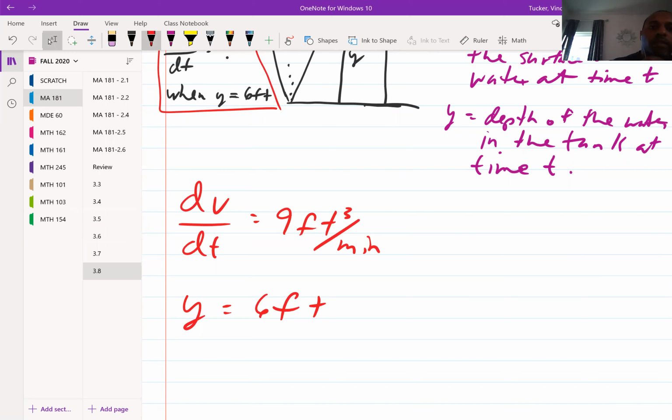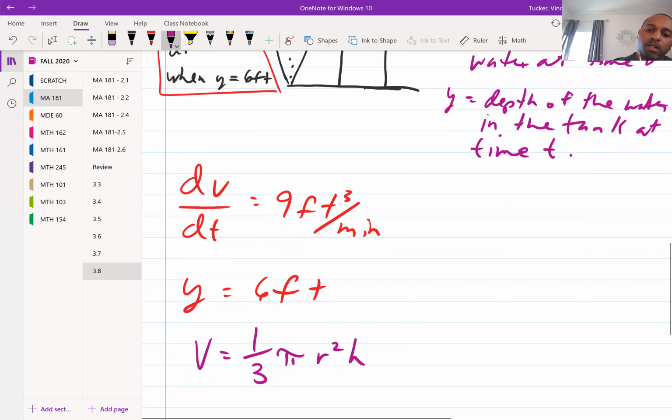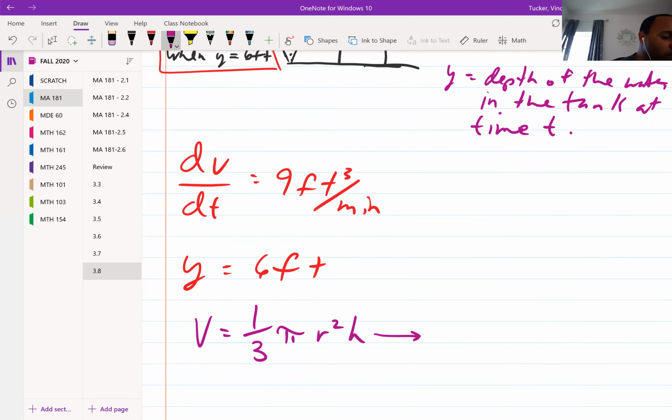I know we have the volume formula. Let's see, pi r squared h. And the water forms a cone with the volume, so that means we could do 1/3 pi x squared y.